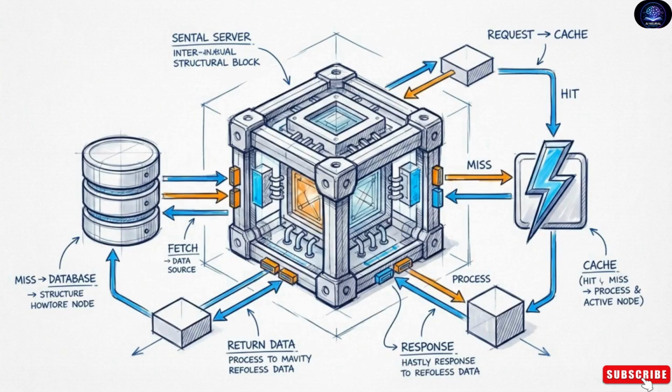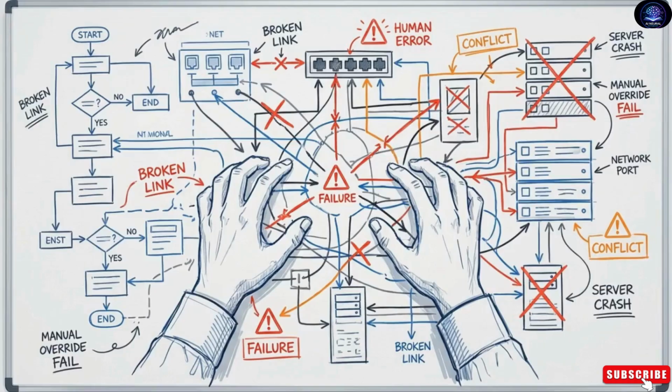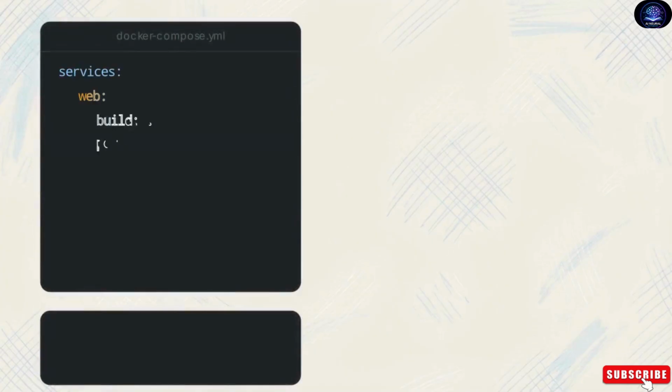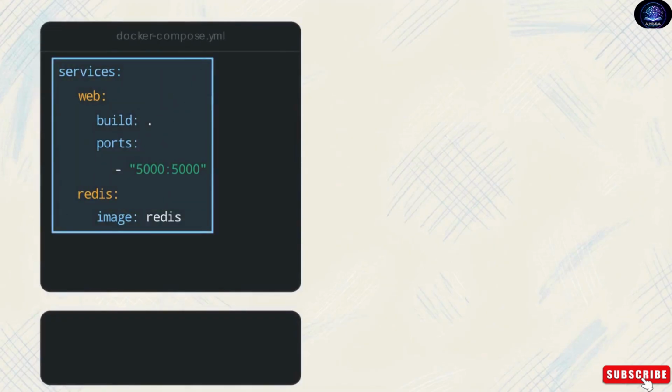Production machine learning architectures are rarely single applications. A predictive Flask API usually requires a Redis cache to process requests and a persistent database to store the logs. Manually running, configuring, and networking multiple separate containers through the command line is fragile and prone to human error. To solve this, we use docker-compose.yaml. As shown here, this is a declarative tool that lets us define a multi-container architecture in a single unified file.